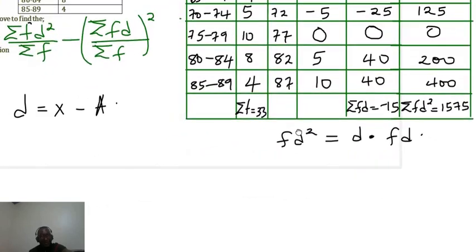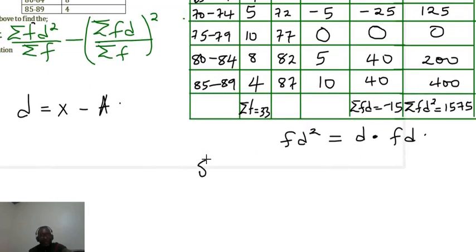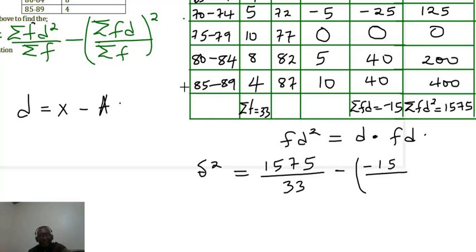So substituting, variance is equal to summation fd squared, which is here, and that is 1575, divided by summation f, which is 33, minus summation fd, which is negative 15, divided by summation f, which is 33 here.